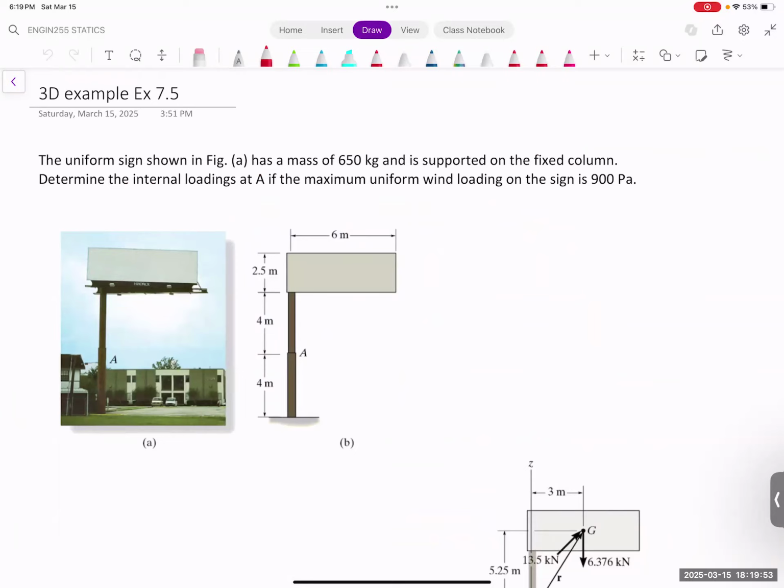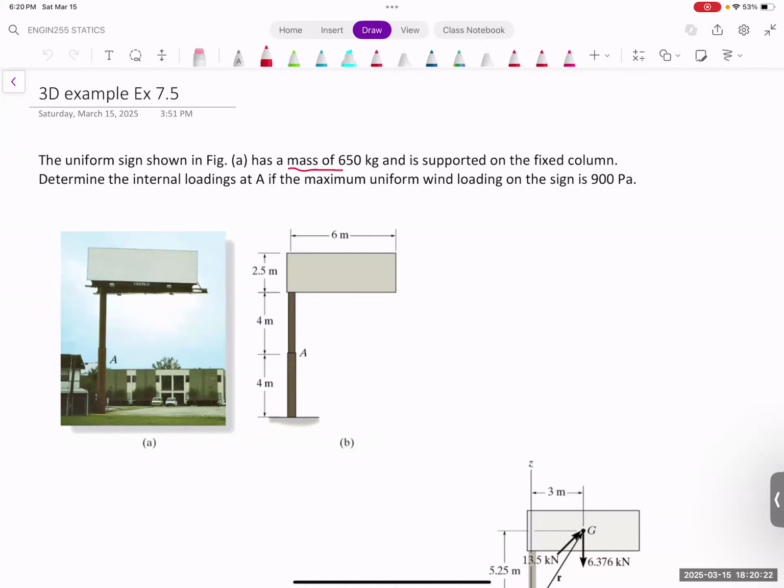We can also solve three-dimensional problems, and this is kind of a real application where you have a sign, and we're going to assume the sign is uniform. Because when you assume it is uniform, you can simplify the weight of the sign by putting the weight at the center of this plate.